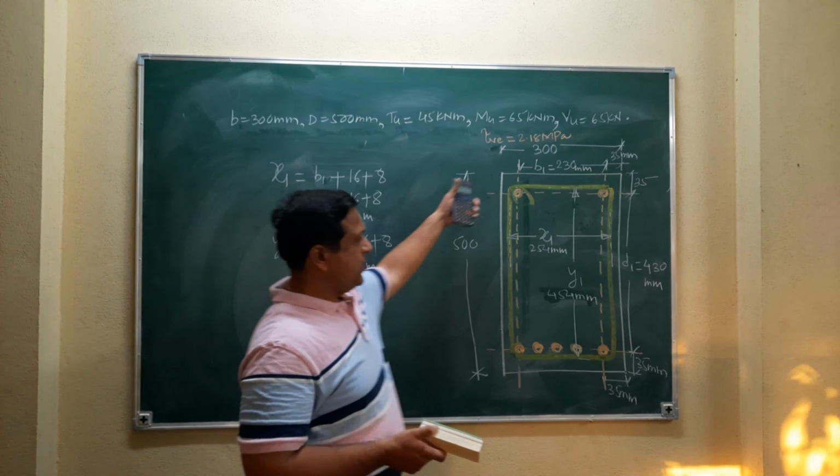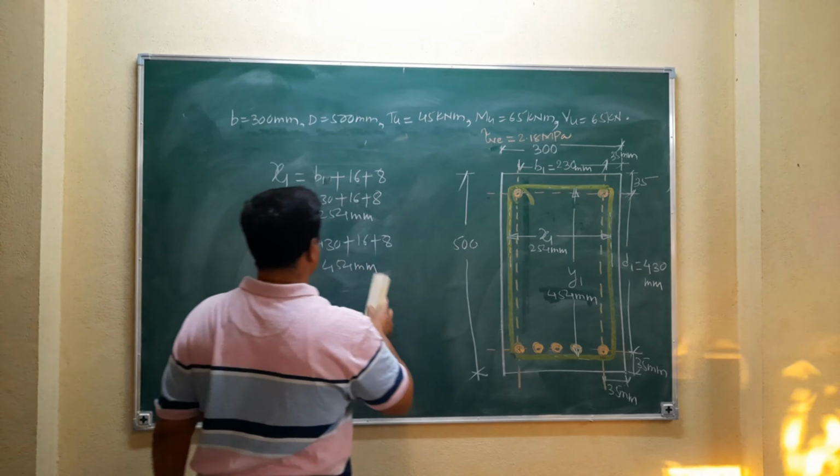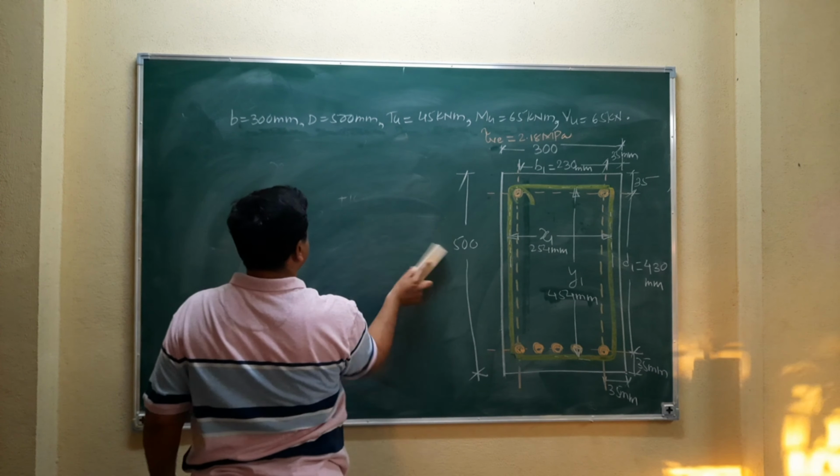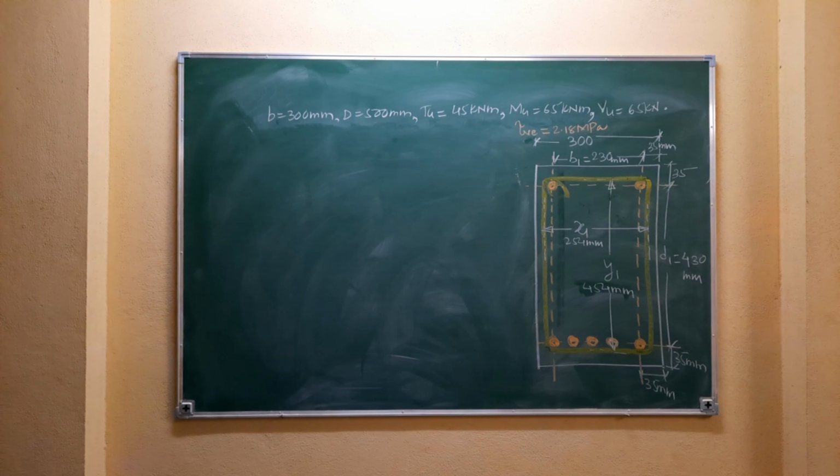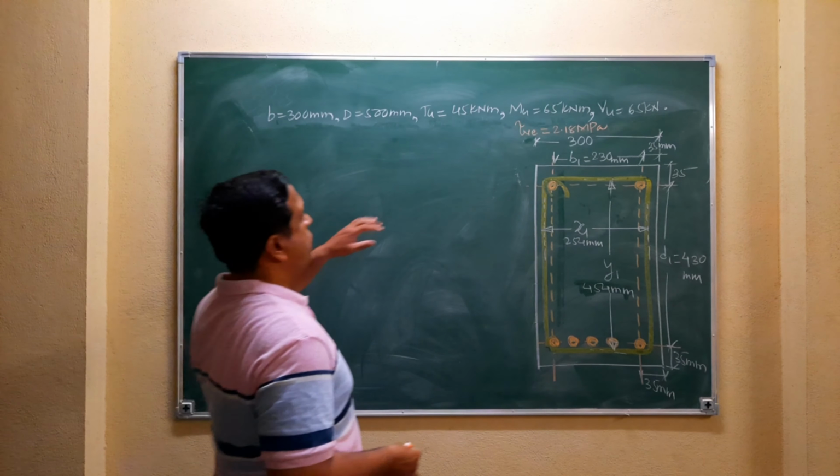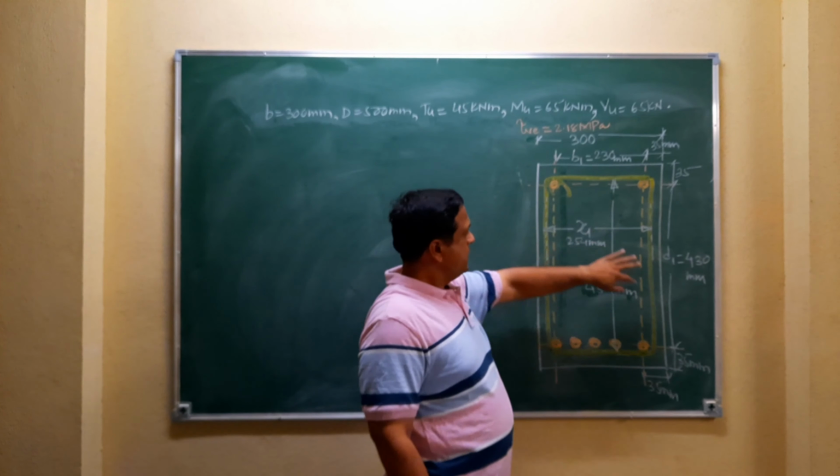Now all these things are known. Put them in the formula and find out the spacing. Now we know the values of b1, d1, x1, y1. Using these values, I will tell you how to find out the spacing.